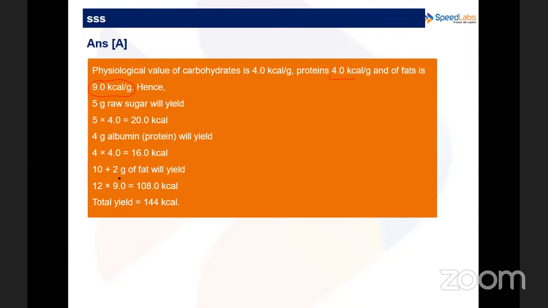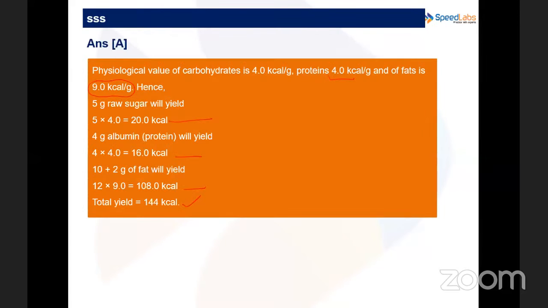Now the fat is 10 plus 2 gram. Fat provides 9 kilocalorie per gram, so 12 into 9, 108 kilocalorie. Adding these, we get 144. Hence 144 is the correct answer.